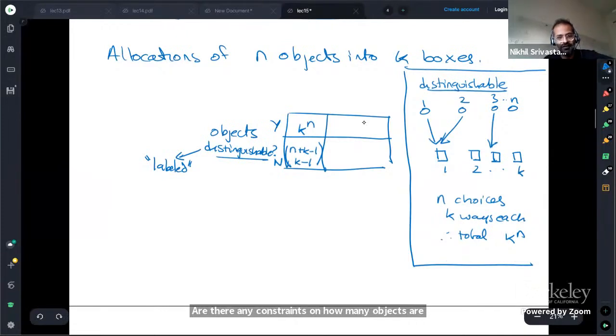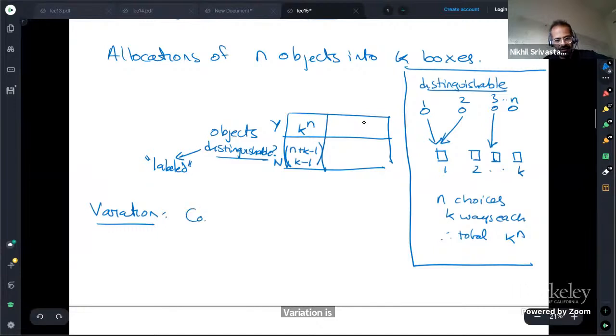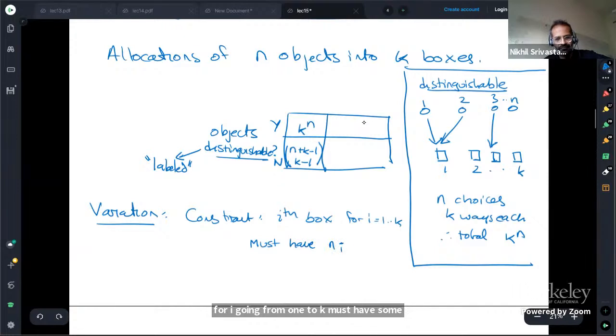So the second variation is you add a constraint that the ith box, for i going from 1 to k, must have some fixed number n_i objects.